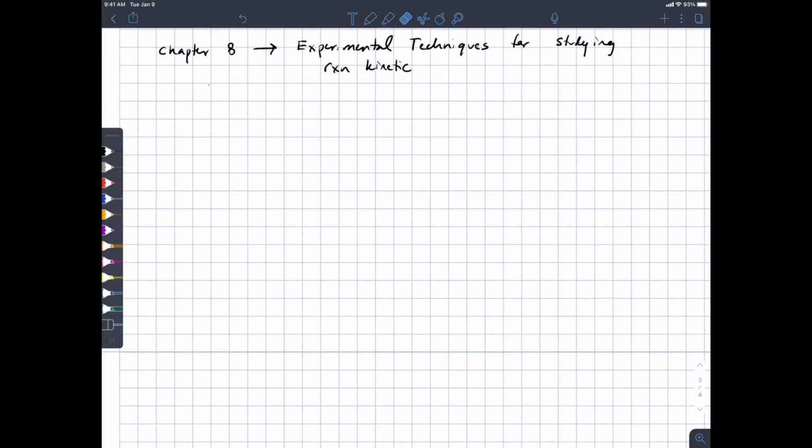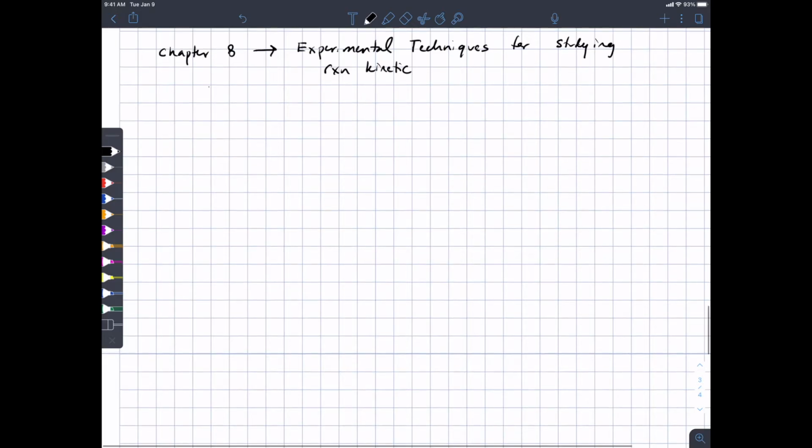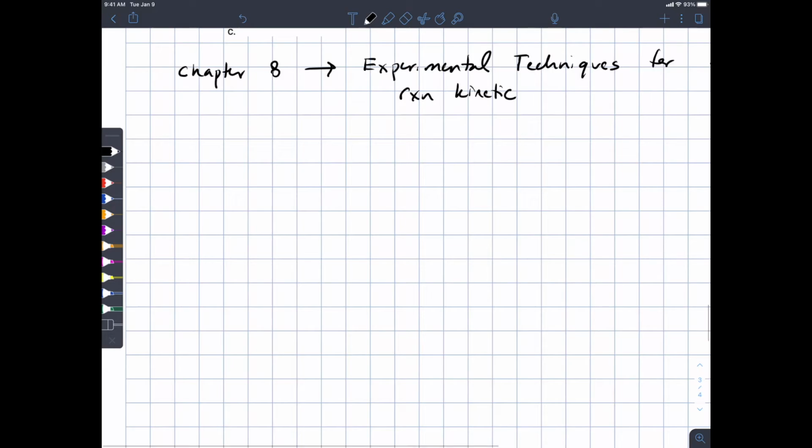One of the biggest tools for studying reaction mechanism, one of the most commonly used among organic chemists, is the kinetic isotope effect. All right.